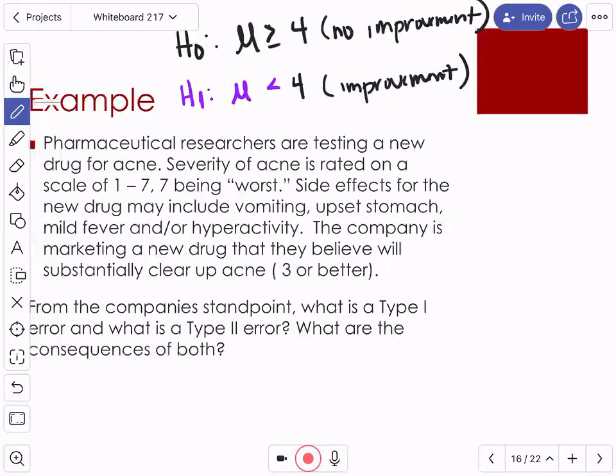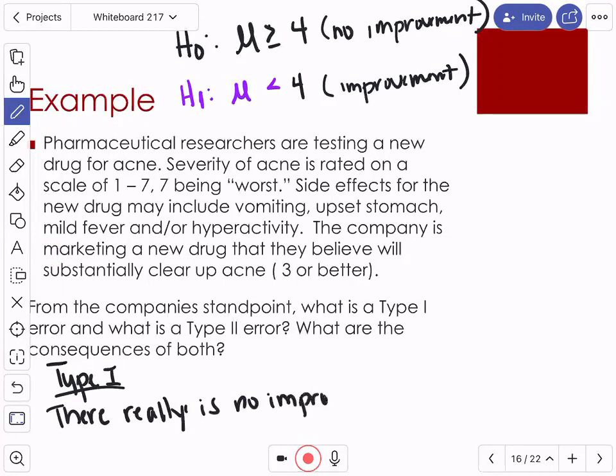So look here, in this particular case, a type 1 error would be, there really is no improvement, right? So that's how we start this. There really is no improvement. What does the test say though?